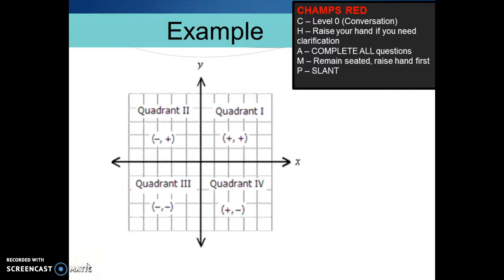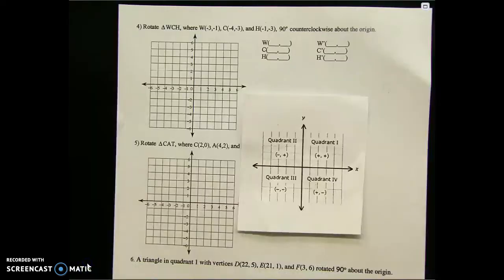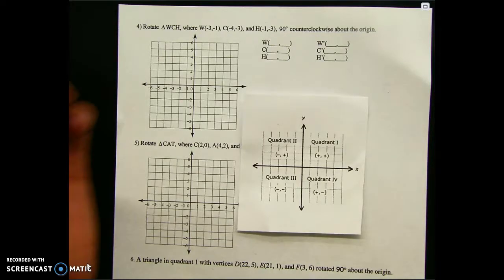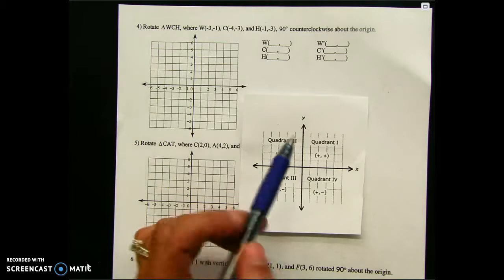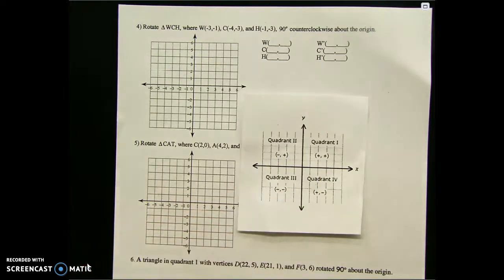Go ahead and put your homework page in front of you. I'm going to go over number 4, and I'm going to tell you the typos and what to change in 5 through 9 and to work them out. So we're going to do number 4. First thing I want to do is identify my points and plot them so I know what quadrant I'm in, so I can identify what quadrant the rotation will land in.